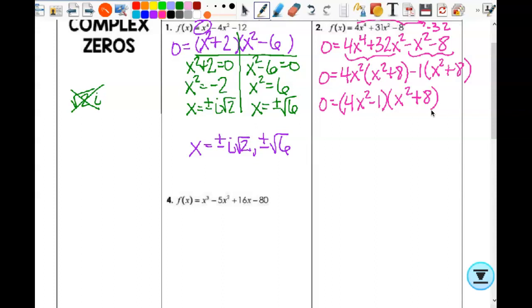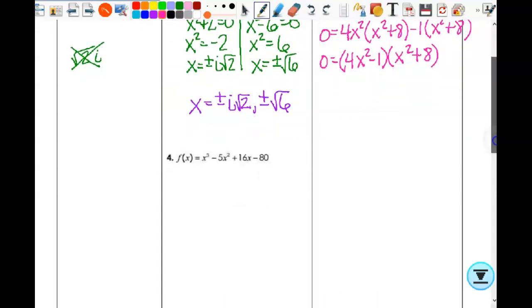Can I factor this anymore? Yes, both of them? No, just the first one. So 0 equals, this is a difference of squares, so I get 2x plus 1 times 2x minus 1 times x squared plus 8.